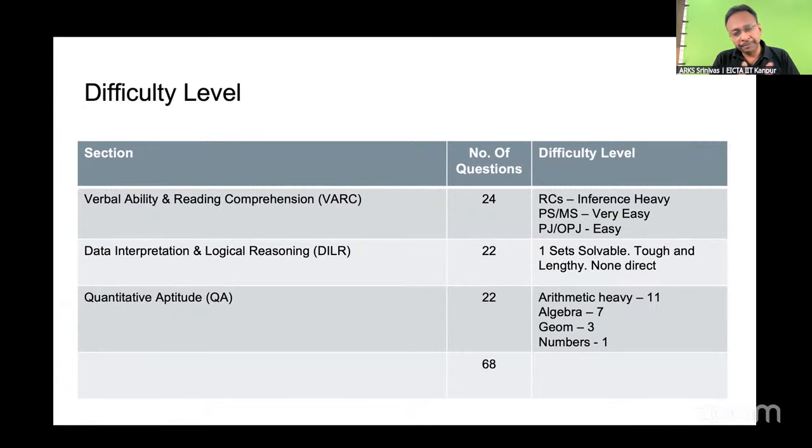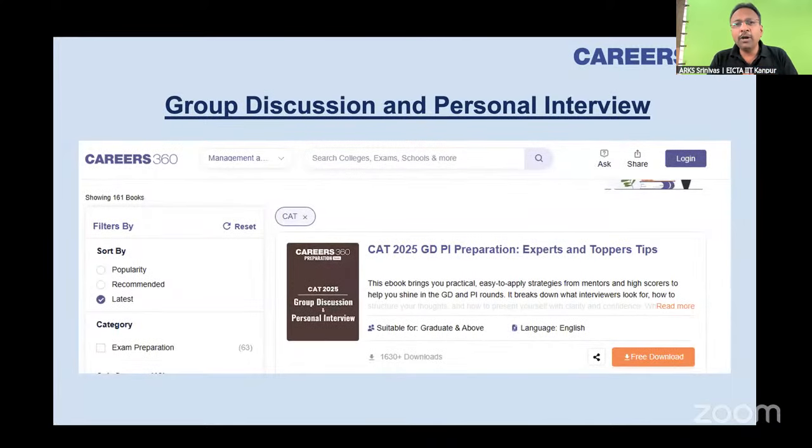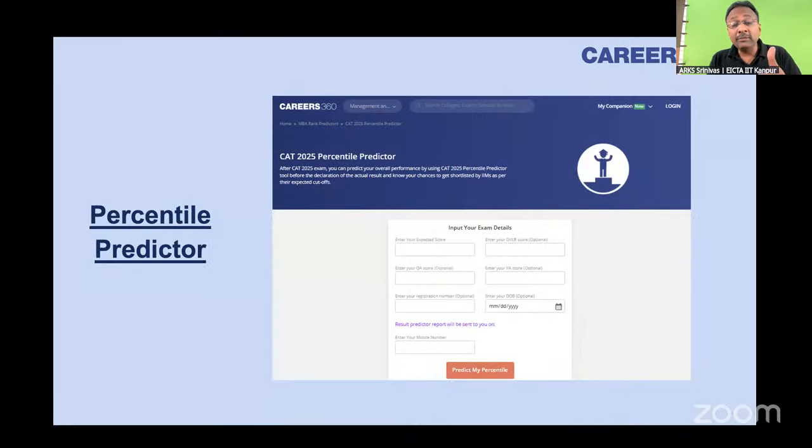But before I leave, three important points which I want to reiterate. One, it is not just the CAT. CAT is only half done. GDPI are important, and there is a lot of material, a lot of free downloads available on careers360.com. Most importantly, please go on to our website and give yourself a chance to know your exact percentile.